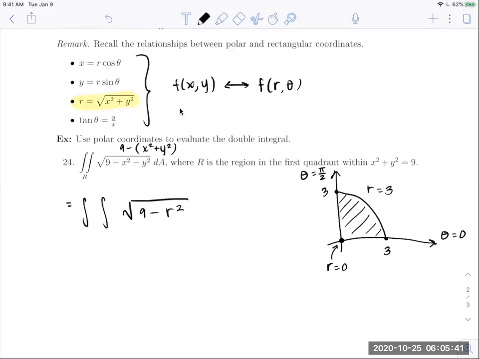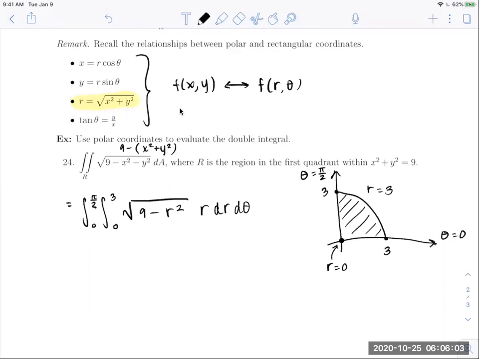And then again, our dA becomes r dr d theta. And so what are our r limits of integration? We're ranging from r equals 0 up to r equals 3. And our theta limits of integration are from 0 to pi over 2. So now we have our setup.